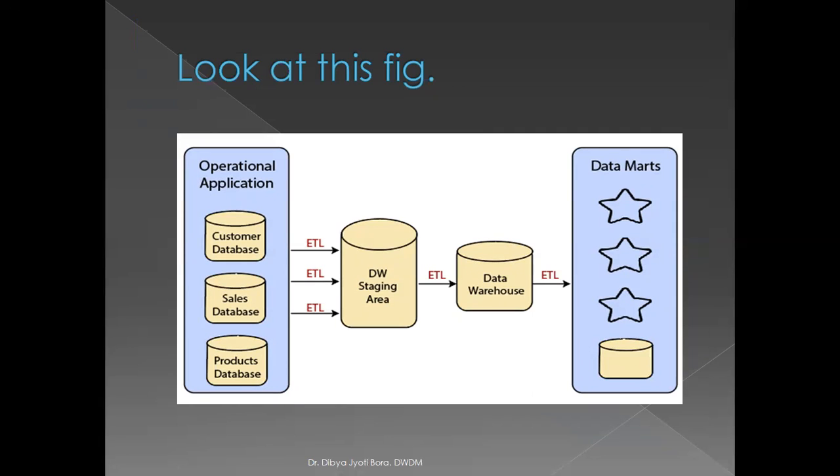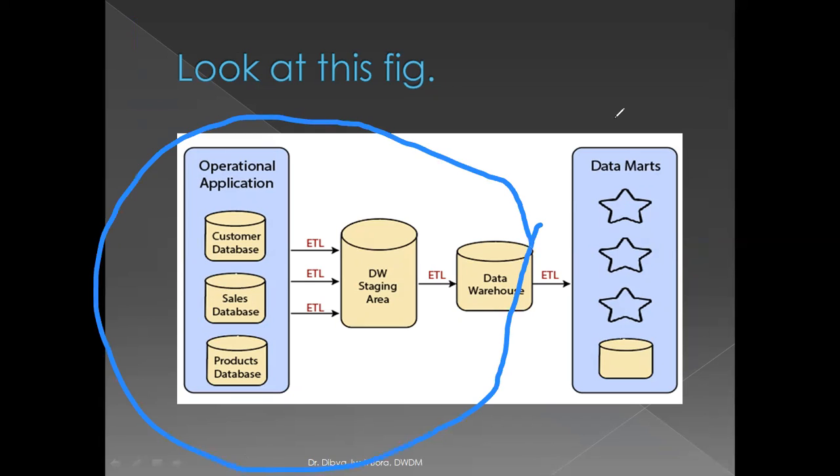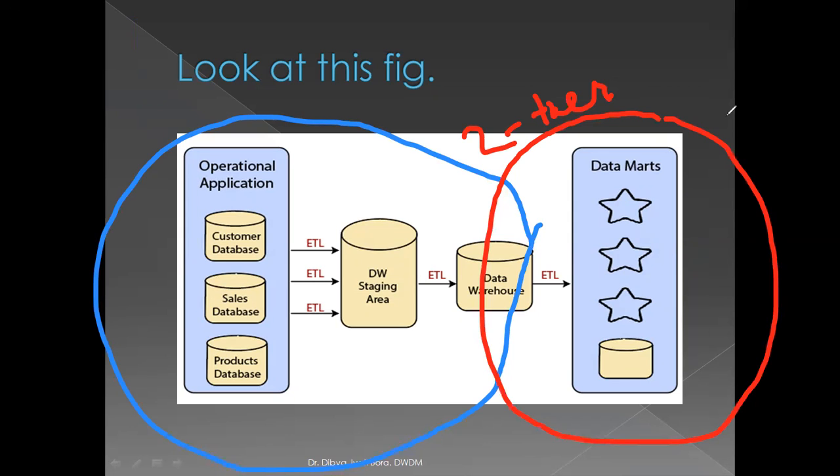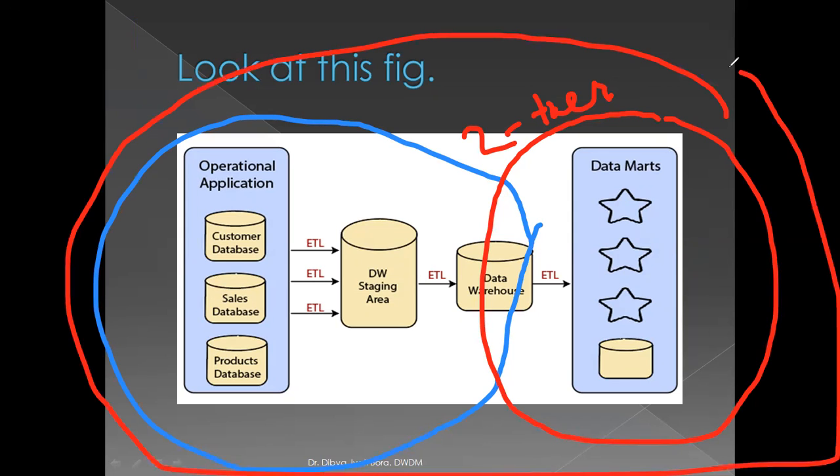You all got it now? What is a data mart? Yes, sir. Okay. Now you may look at the figure. What we have up to this is our two-tier architecture, right? Up to this point it was two-tier, and we added one more tier here, so overall it became three-tier, right?